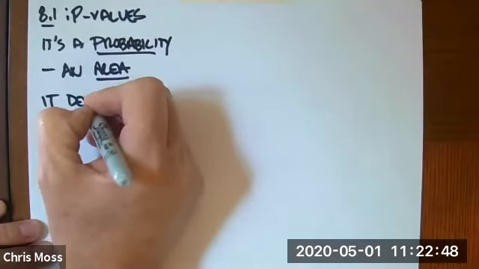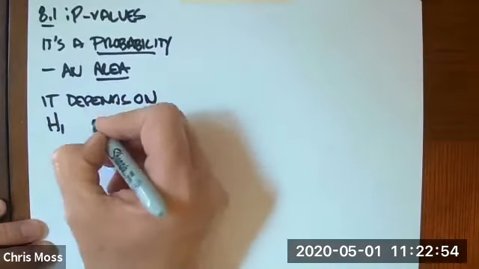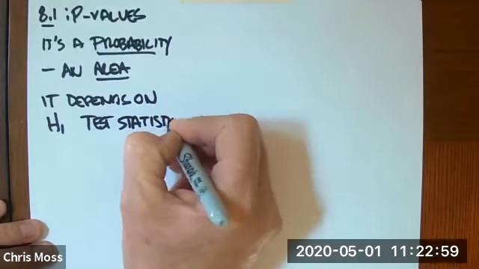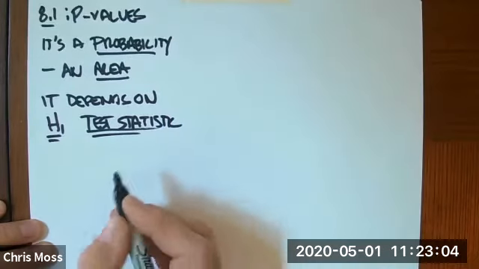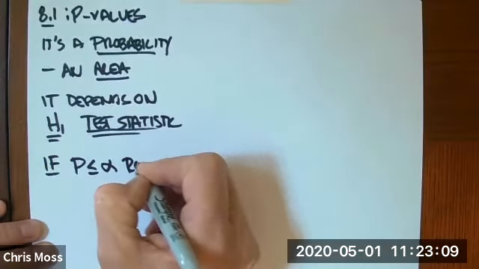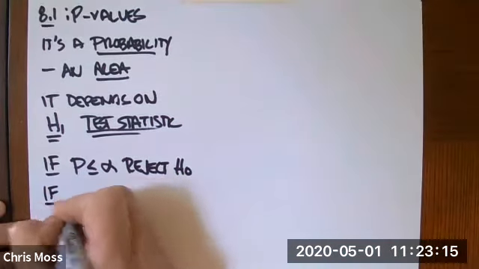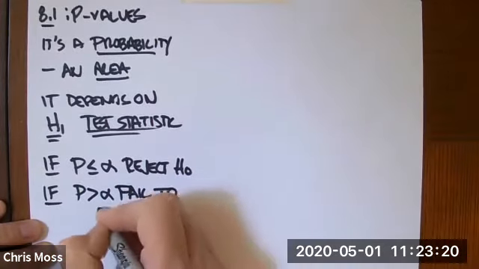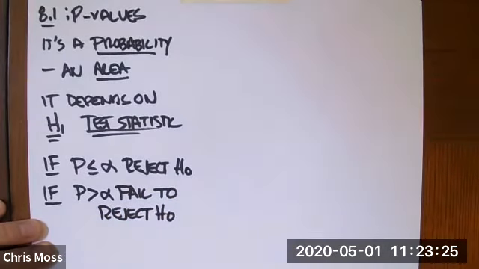The p-value depends on a couple of things, the alternative hypothesis and the test statistic. Look at that condition.